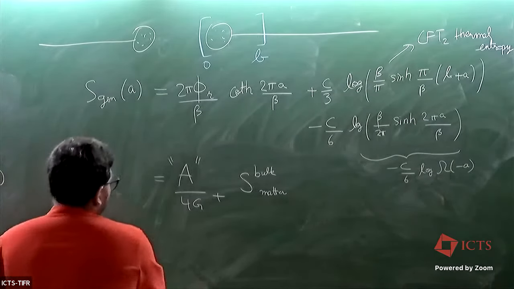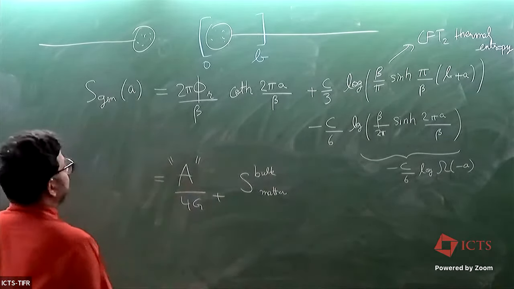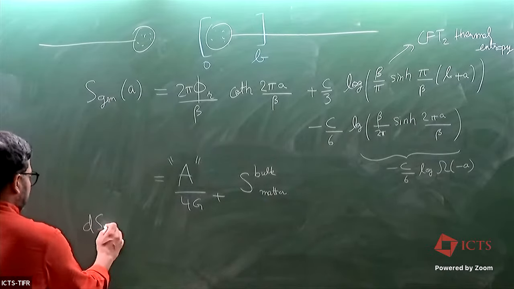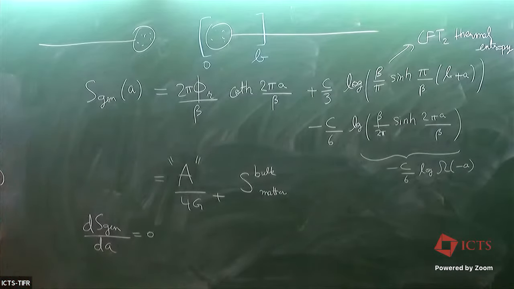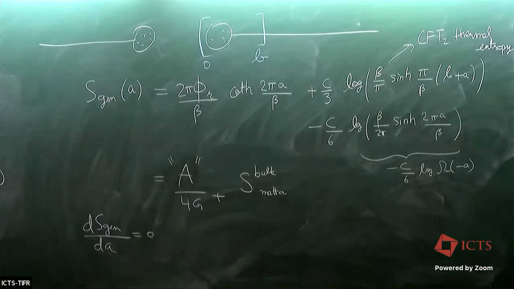Okay, so now we just go and minimize this, right? So we need to just set dS gen by dA equal to 0. And now it's just some trigonometric functions. We can do this.